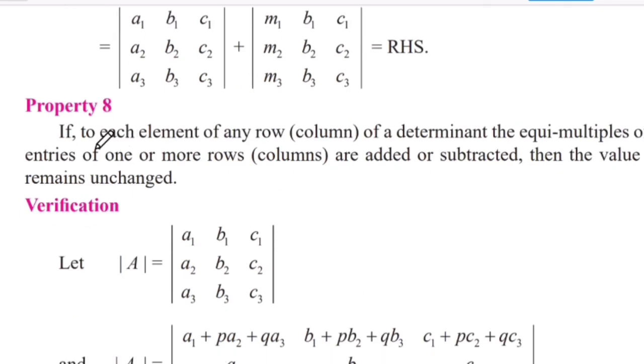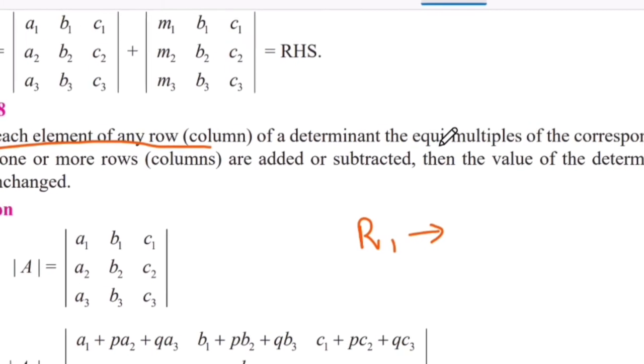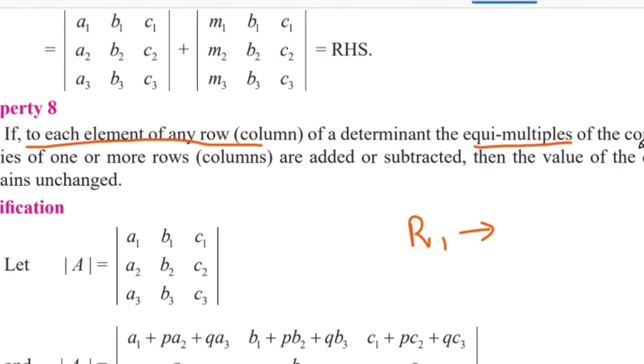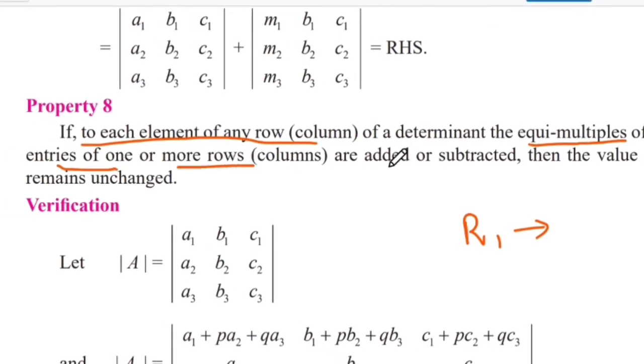Property 8 is, if to each element of any row you take, for example you take R1, to each element of any row of a determinant, equimultiples of the corresponding entries of one or more rows are added or subtracted, the value of the determinant remains unchanged.